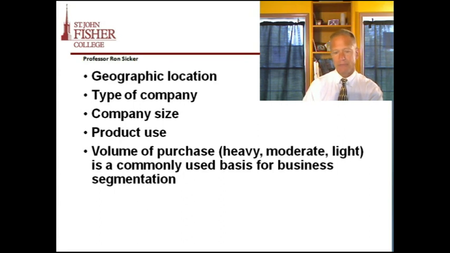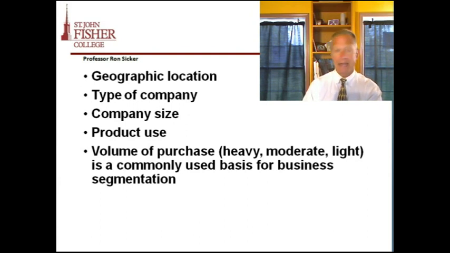Also, oftentimes, they're segmented by type of company, whether you're a producer or a reseller or a wholesaler or something like that. Oftentimes, they're segmented by company size. The smaller the company, the more they're usually handled by internal sales reps. The larger the company, or the bigger the buying process, the more they're handled by external.